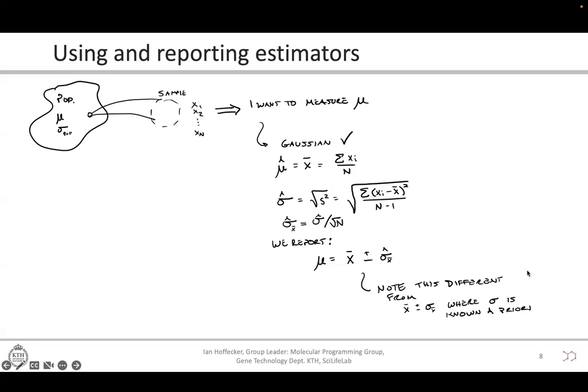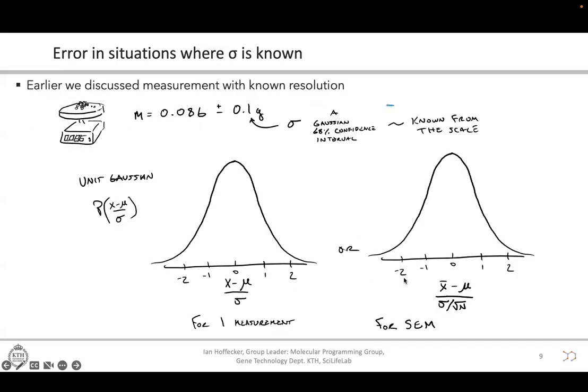So if you have a mass balance and the manufacturers have reported a precision, an error, then you don't need to do this. But in a case where we don't know that information, we've taken a sample and we've computed a sample standard deviation, then we will want to use these estimators instead and report it using the correct convention here.